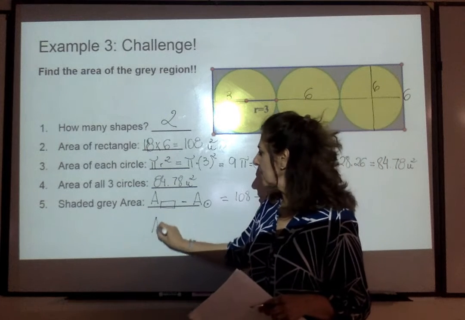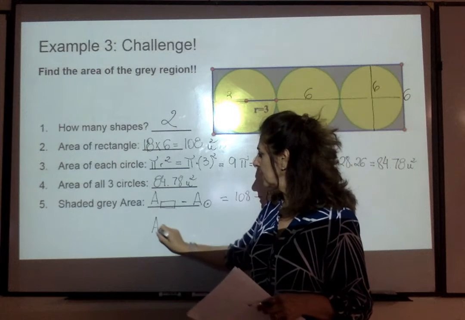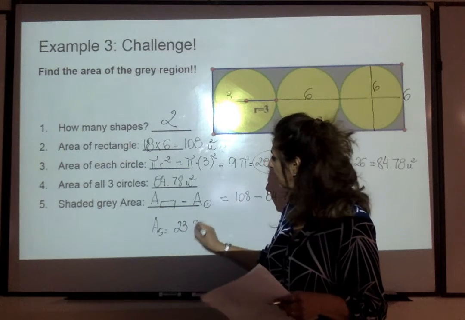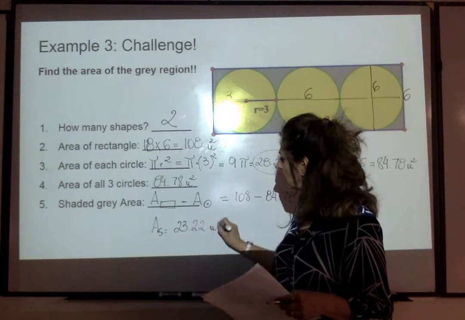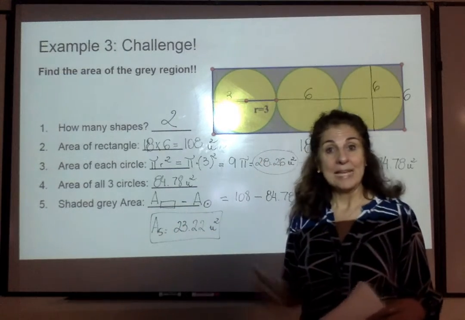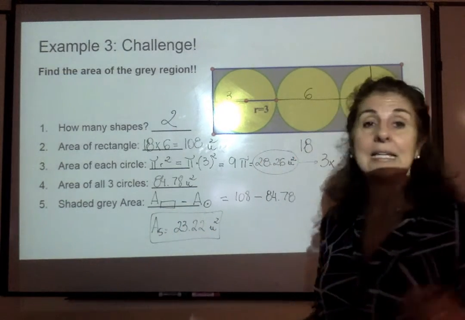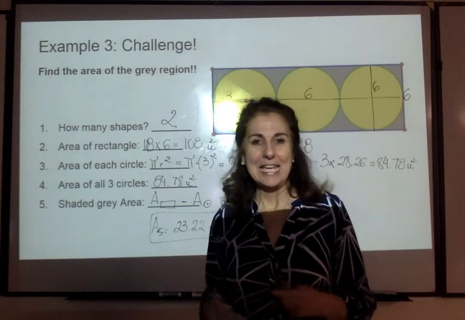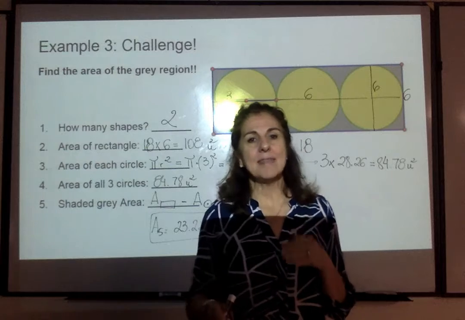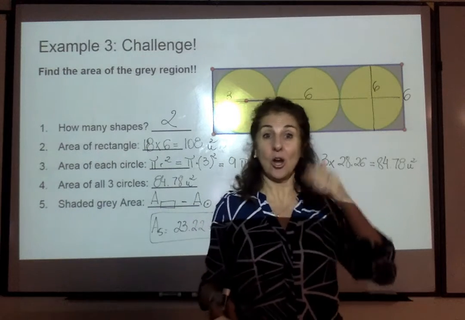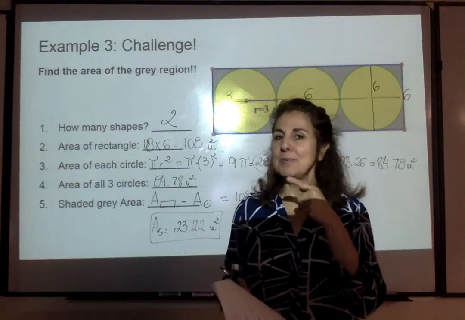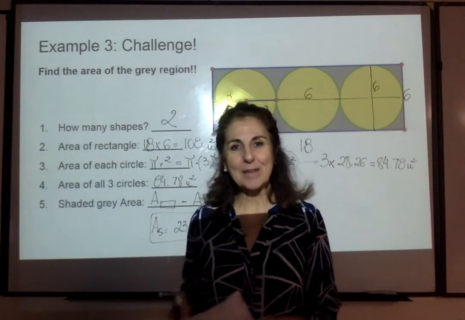So the area of the shaded part is going to be 23.22 units square. This is how we find shaded area. This is part of area, and then next class we're going to incorporate some more to this. So just be attentive. I hope you understood everything.